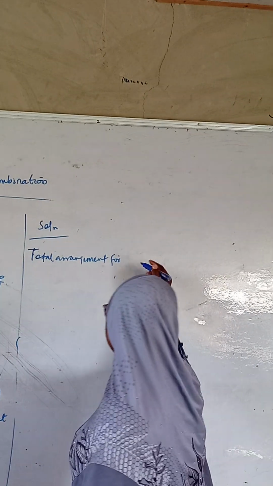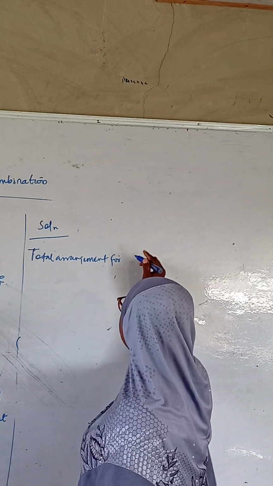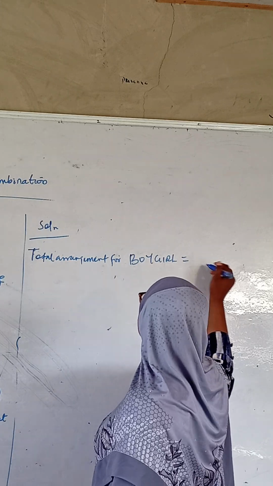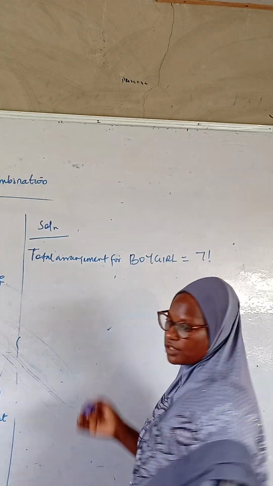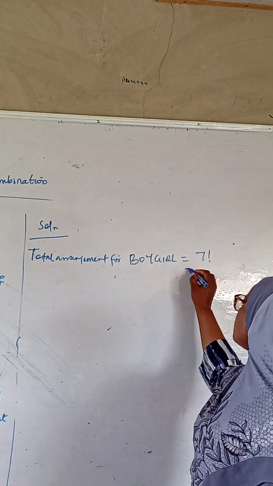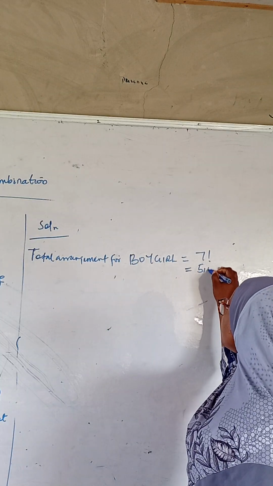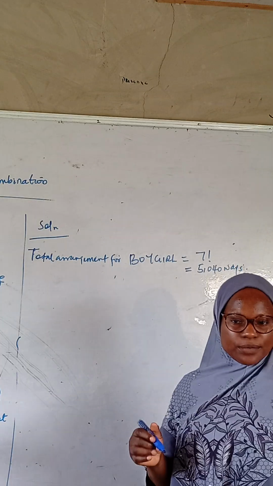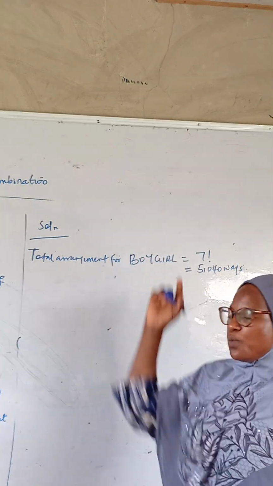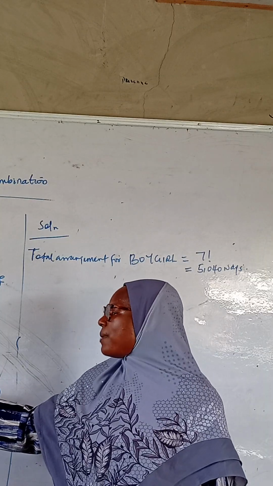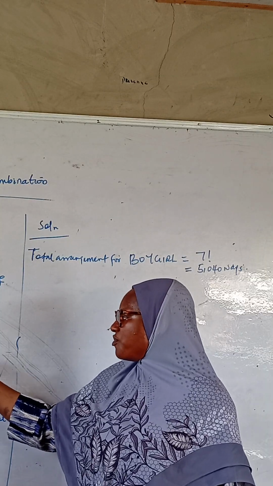Let me write it in capital letters. Total arrangement for BOY GIRL will be equal to 7 factorial. And that gives us 5040 ways.